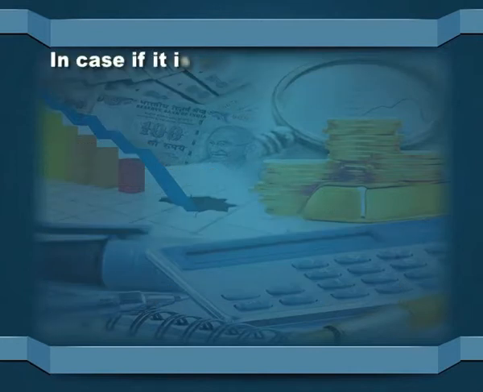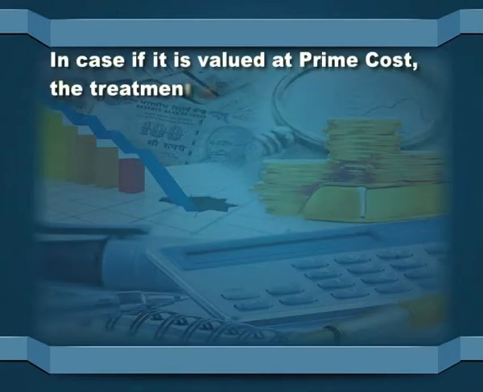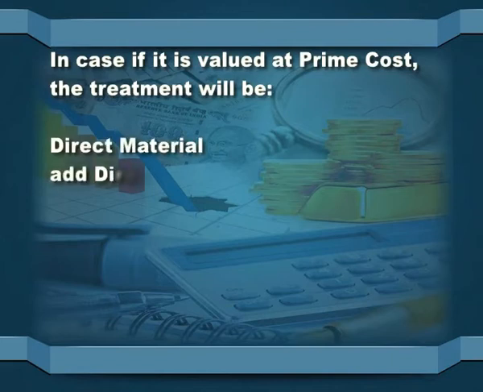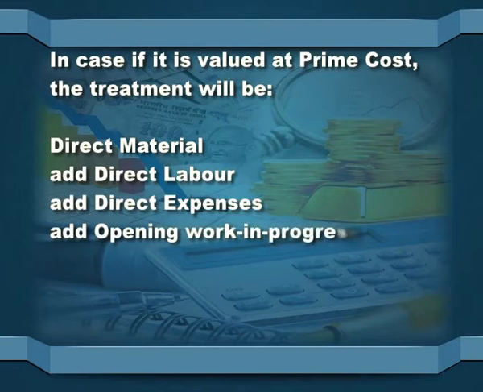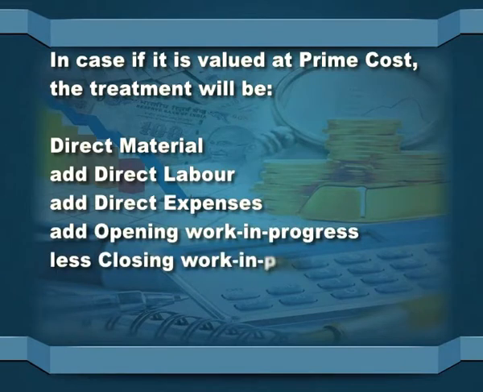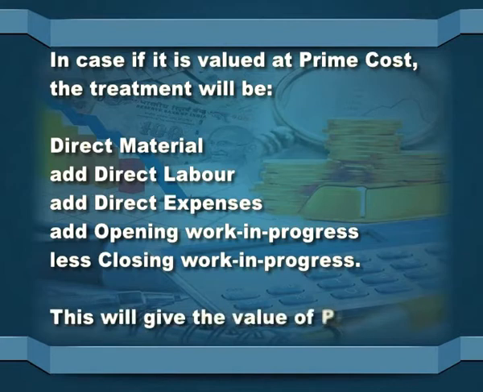In case it is valued at the prime cost, the treatment will be direct material, add that to direct labor, add direct expenses, add opening work in progress and less closing work in progress. This will give the value of prime cost. However, it is always preferable to value work in progress at factory cost.